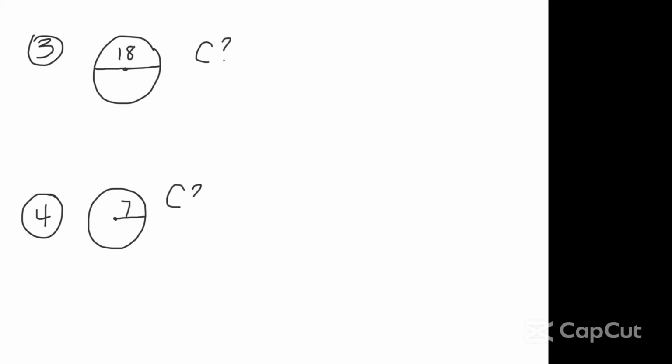Okay, and our equations are C equals 2 pi r and C equals pi times diameter. Okay, give those a go. You have like 1 minute. I know it's fast, but it's okay.